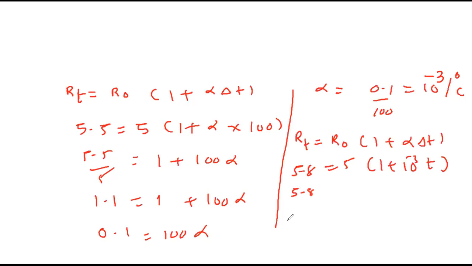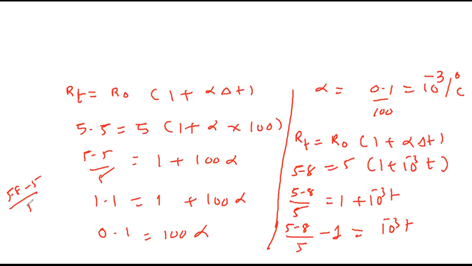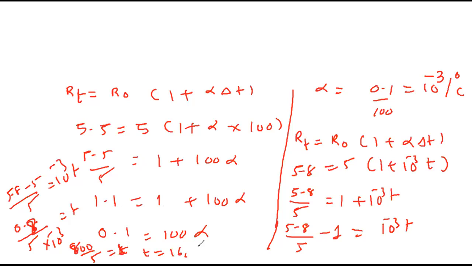So 5.8 upon 5 equals 1 plus 10 raised to minus 3 T. So 5.8 upon 5 minus 1 equals 10 raised to minus 3 T. 5.8 minus 5 upon 5 is 10 raised to minus 3 T. So 0.8 upon 5 into 10 raised to minus 3 T. This goes up, so 800 upon 5 is T. T equals 160 degrees Celsius.